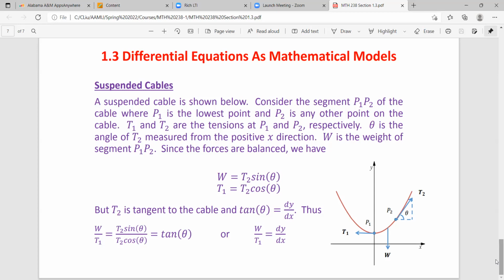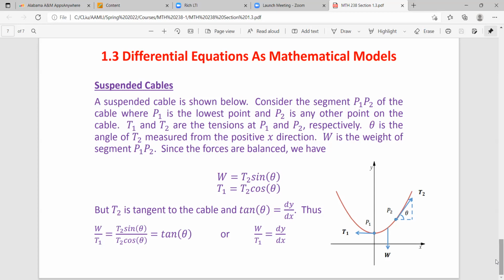At the same time, we know T2 is tangent to the cable, to the curve. That's always the case. So tangent theta equals dy over dx, where y is a function of x. The slope of the tangent line is the derivative, right?